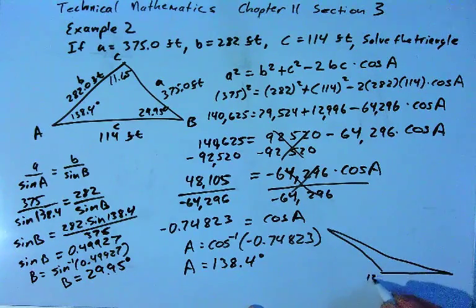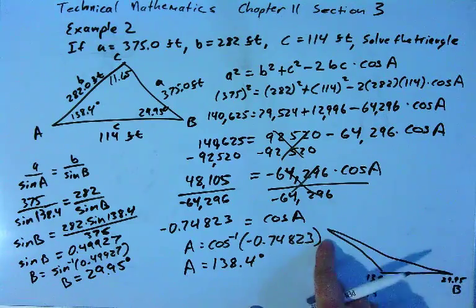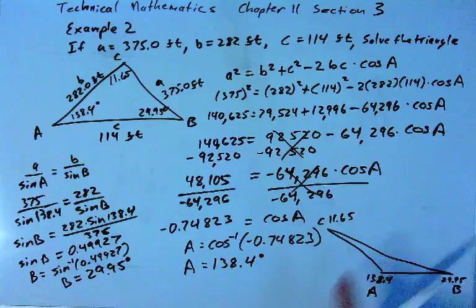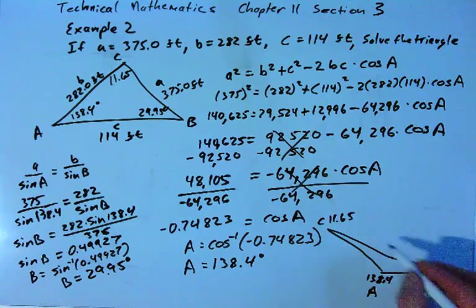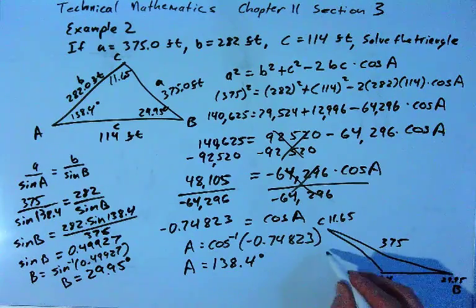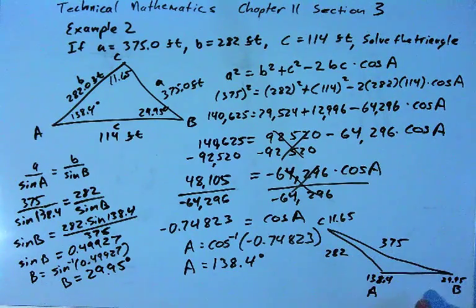Where this angle is the 138.4, that's angle A. Angle B is 29.95, that's angle B. And angle C up here is the 11.65. And then the sides that I have are 375, this was given to me. Side B is 282, and side C is 114.